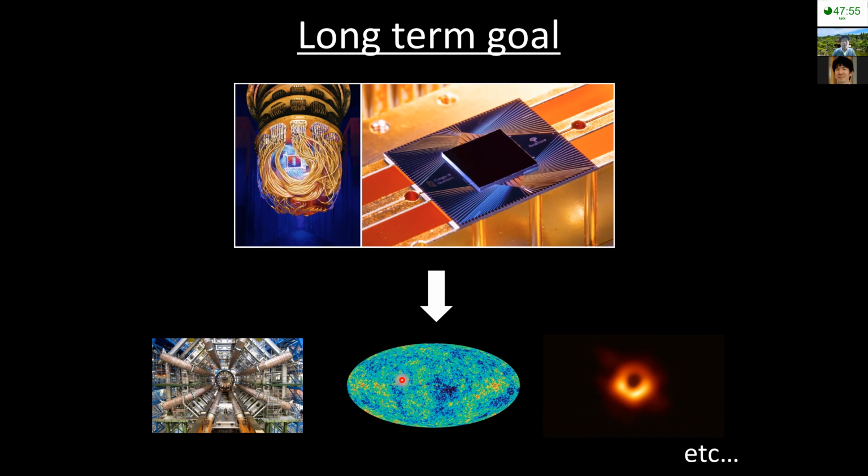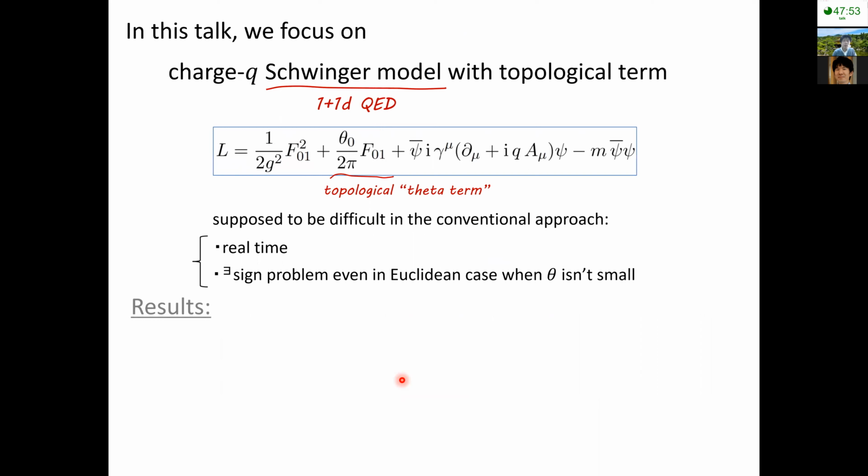But in particular, in this talk, I focus on a model called the charge Q Schwinger model with topological term. This is 1+1-dimensional quantum electrodynamics with a charge Q Dirac fermion. And the Lagrangian is given by this.